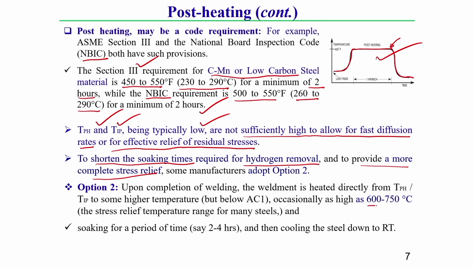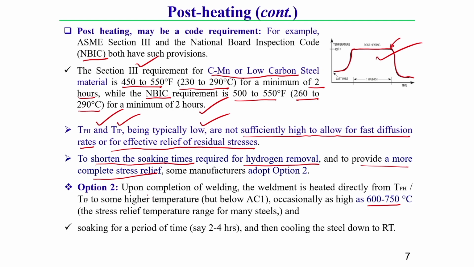This temperature we raise to around 600 to 750 degree centigrade depending on the type of steel, and this temperature also should be below the recrystallization temperature. So, once we raise this temperature, the removal rate of hydrogen is more, as well as the effective relief of residual stress is also more. That is why this option sometimes we use.